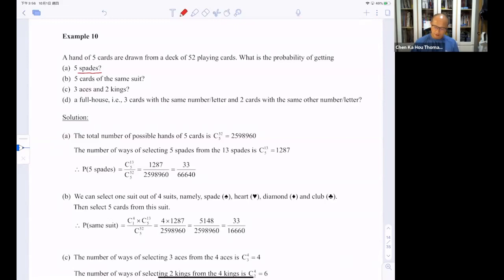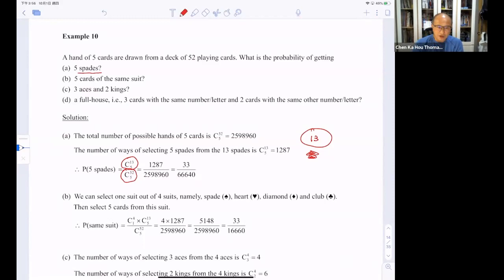There are 13 cards which are spades. Randomly choose 5, the answer is 13C5. If you ignore the suit, it is 52C5, meaning any suit is fine.